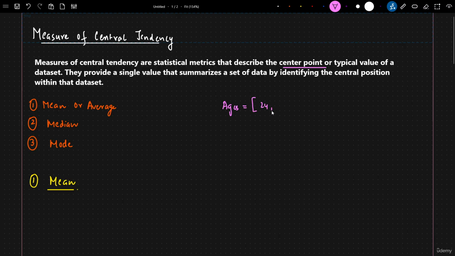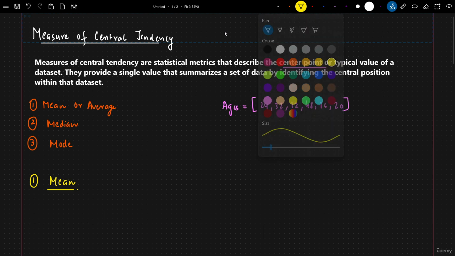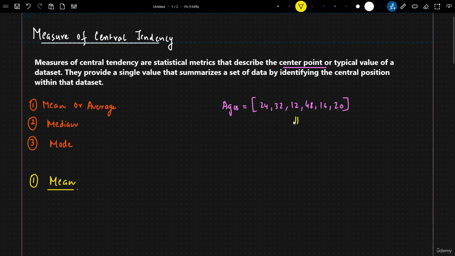And this has a lot of values like 24, 32, 12, 48, 16, 20, right? Now, if this is my data set, I can use measure of central tendency to calculate the center point, or we can also identify the central position of this particular data set, okay?